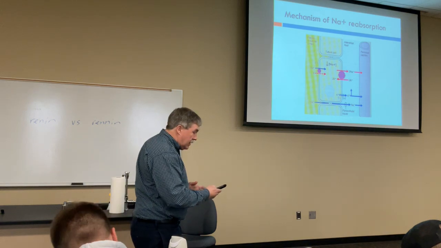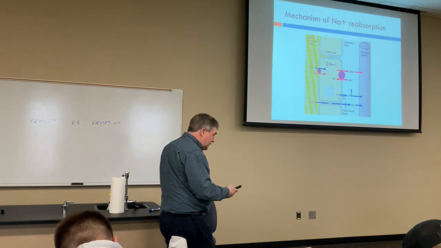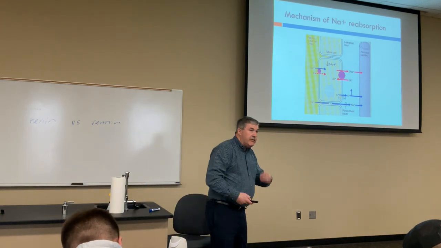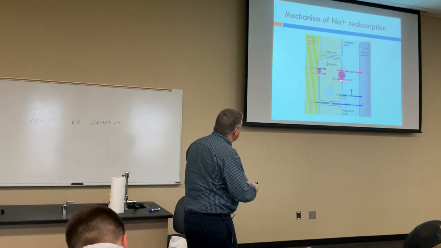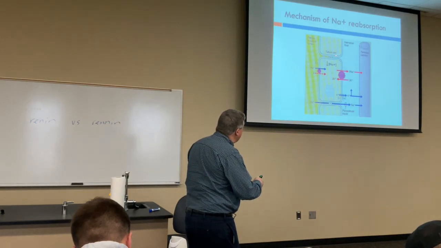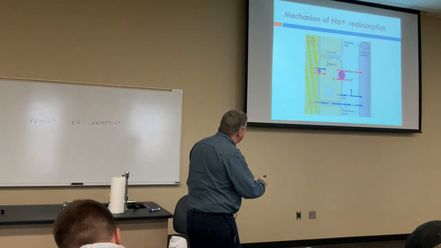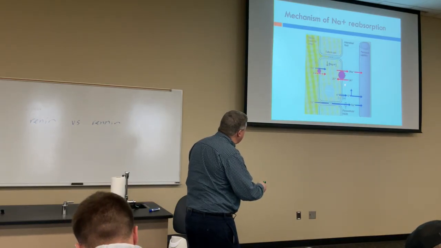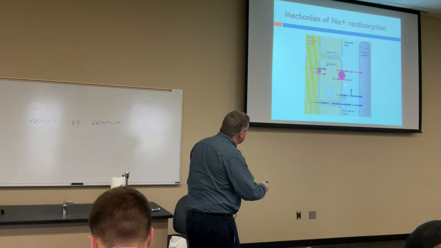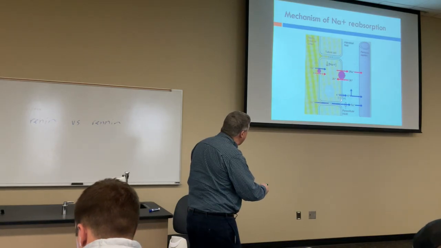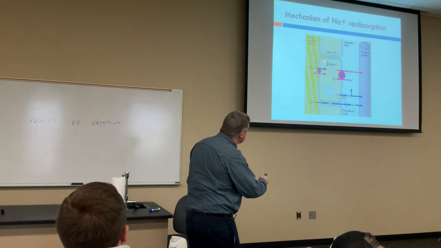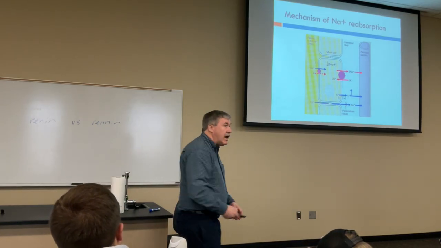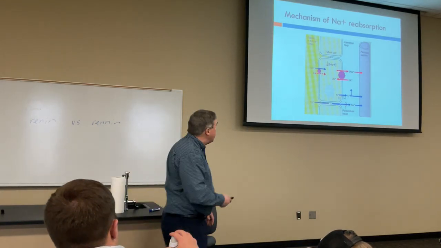Okay? So the whole key to this process is a form of primary active transport that's found in what's called the basolateral membrane. This membrane right along here, along the outside of the tubule and also on the sides of these cells, is called the basolateral membrane. This membrane over here next to the filtrate is the luminal membrane. Okay.